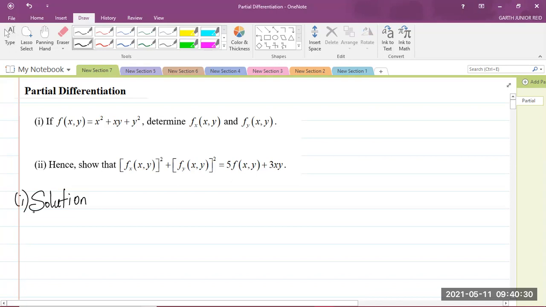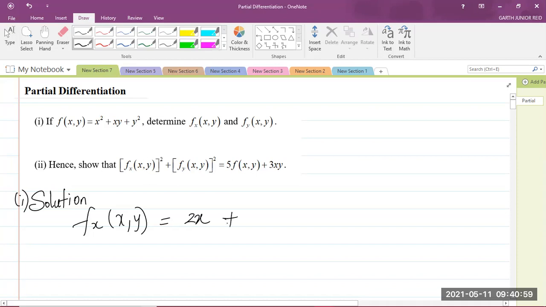So part 1, we need to find fx of xy. This basically means that we're going to differentiate f partially with respect to x, meaning that we're going to differentiate all the x terms and keep y as a constant. So when we differentiate x squared, we get 2x.